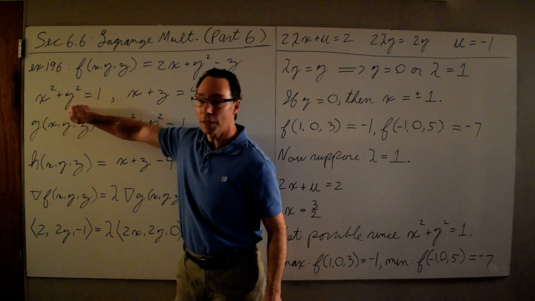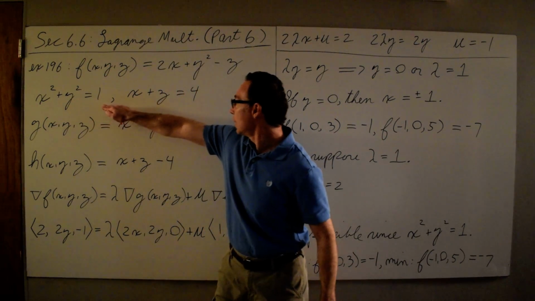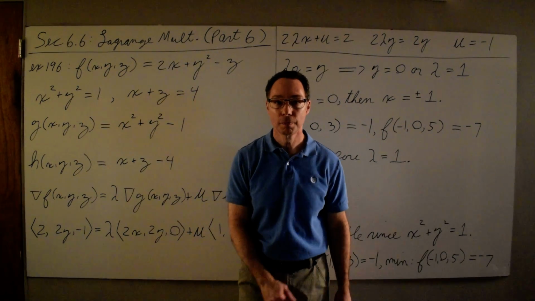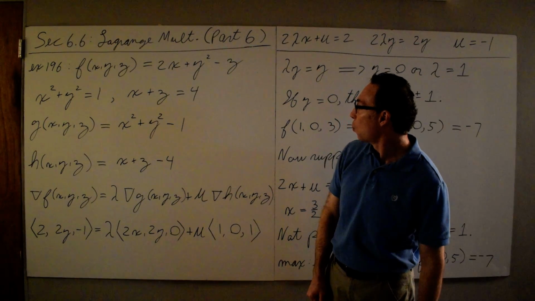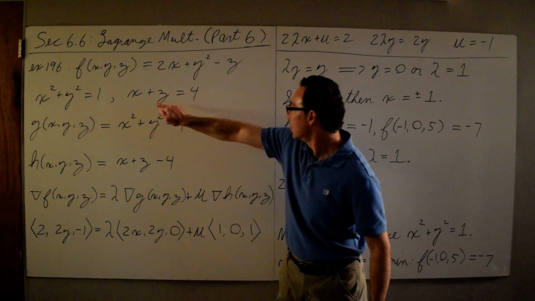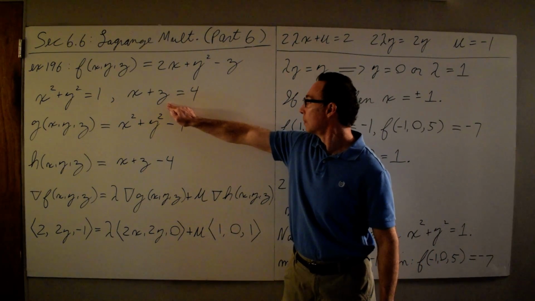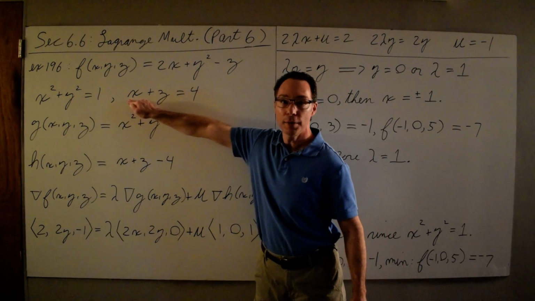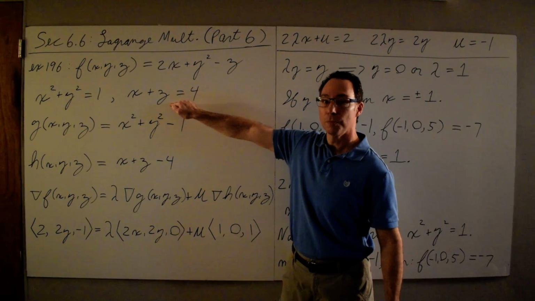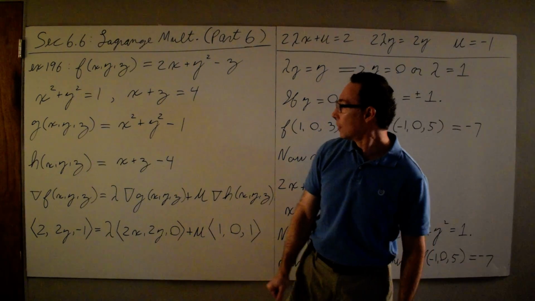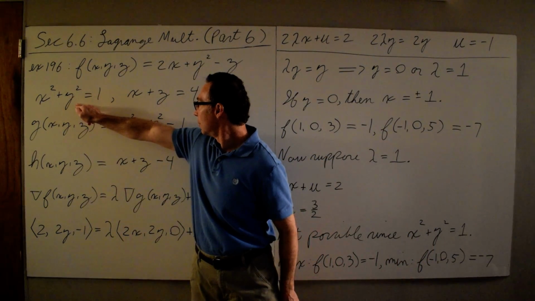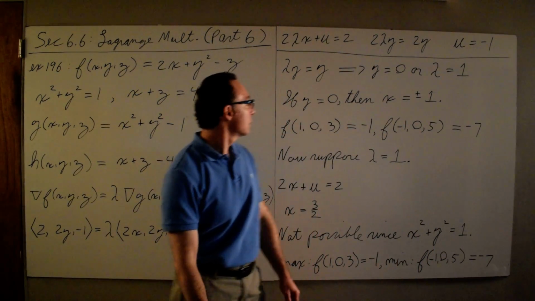If y is equal to 0, then x is either equal to 1 or negative 1. If x is equal to 1, then z is equal to 3. If x is equal to negative 1, then z is equal to 5. And so y equal to 0 gives us 2 points to look at.